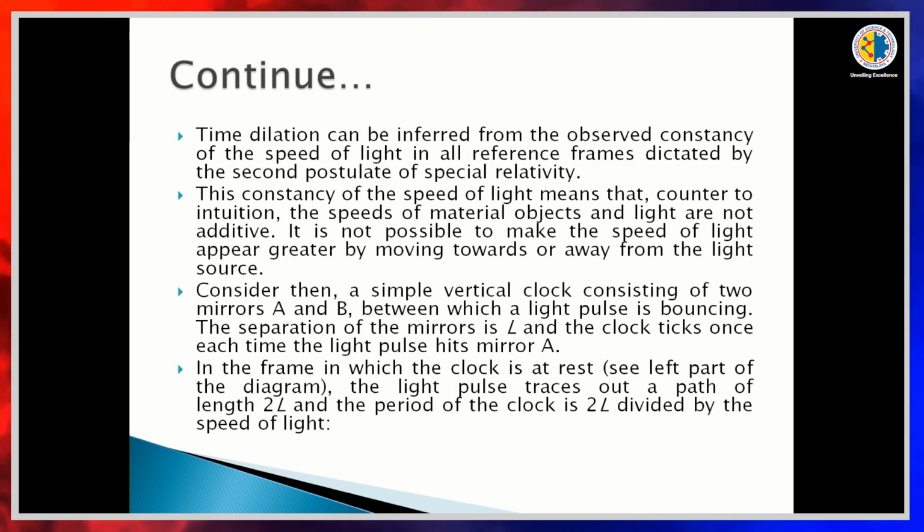The separation of the mirrors is L and the clock ticks once each time the light pulse hits mirror A. So, this is about the two mirrors A and B, and between the two mirrors a light beam travels, and then we get the time dilation.